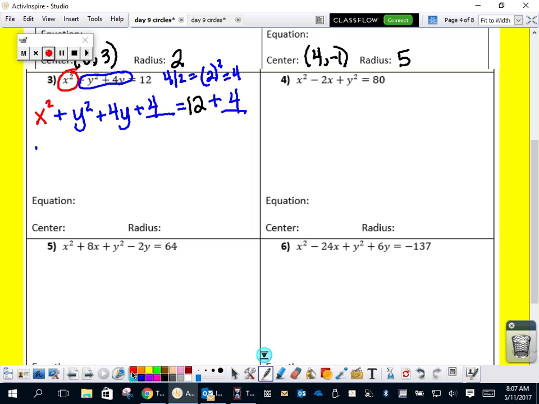Do I need to rewrite the x squared as anything else? It gets to stay as x squared. How do I rewrite my y? Y plus 2 equals whatever 12 plus 4 is, 16.